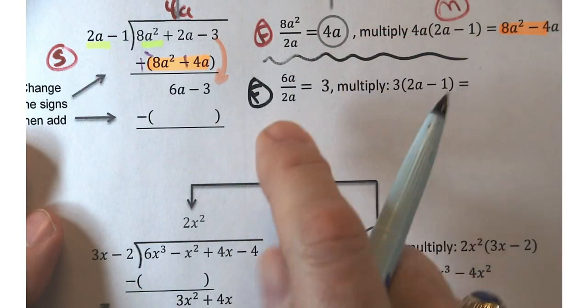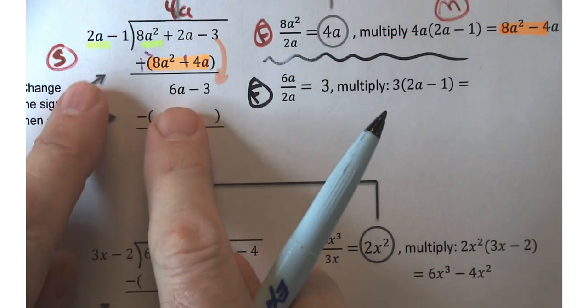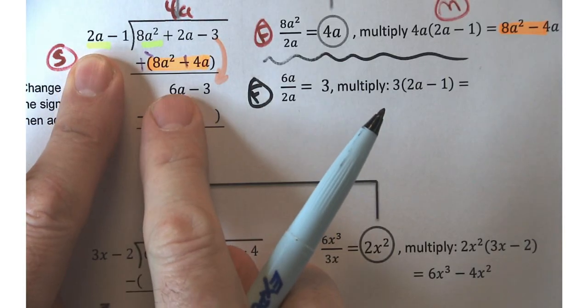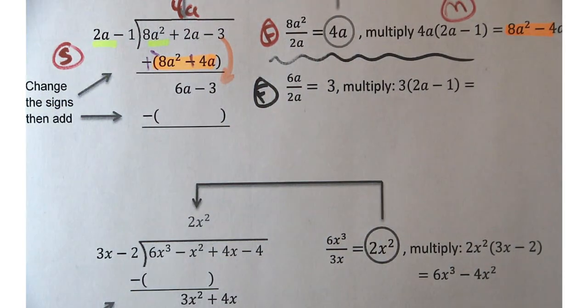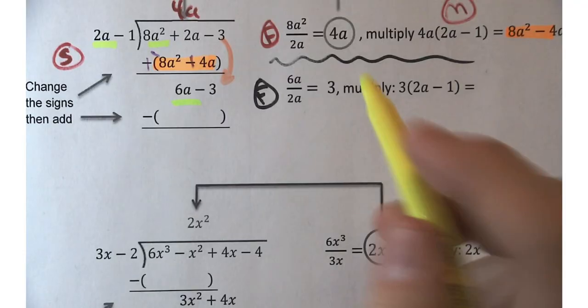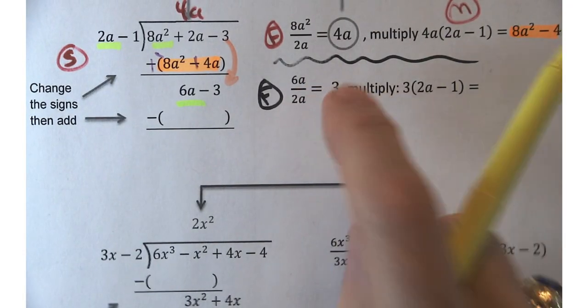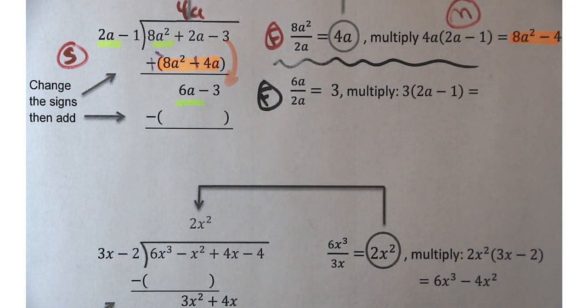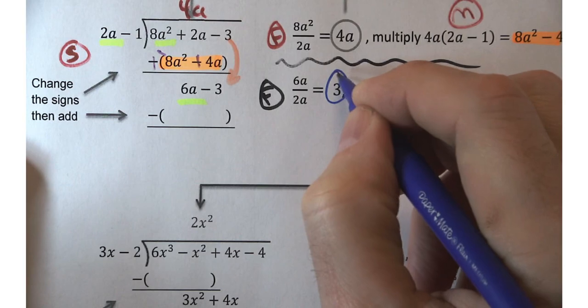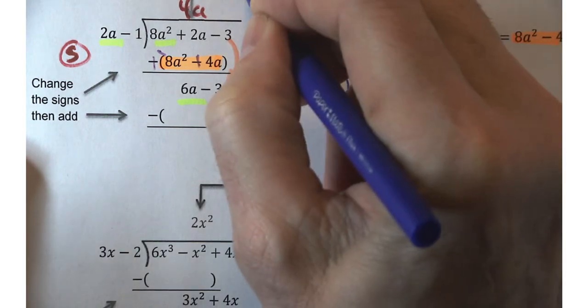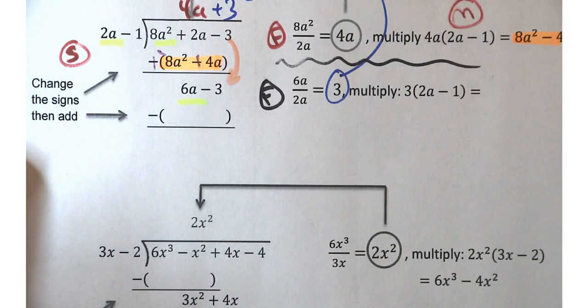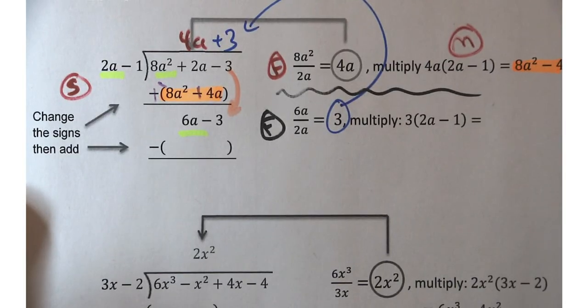We're going to figure out what you're going to multiply this by to get this. So that's going to be a 3. If you divide those two, you get a 3. That 3 goes up top. So let's put that up there. That's a plus 3. That goes there.